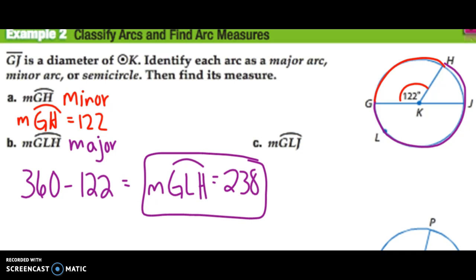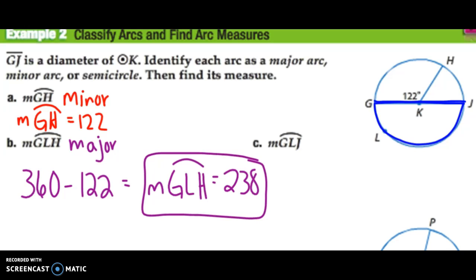All right, last one. I'm going to get rid of all the other drawings on here just so we can look at a fresh circle. And we're going to look for GLJ. Well, I look right there, and this is a straight line because it says that the diameter across is GJ.